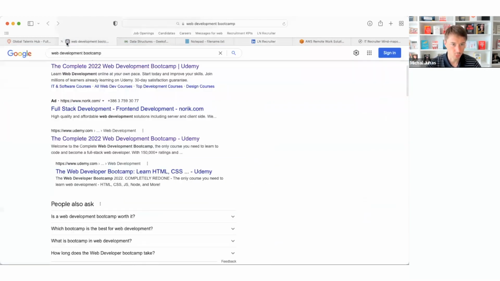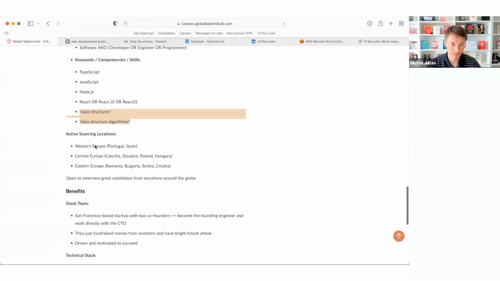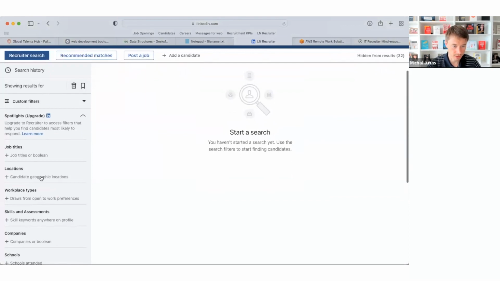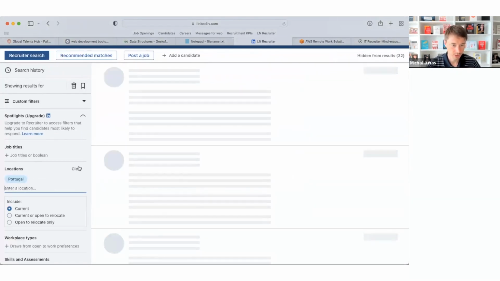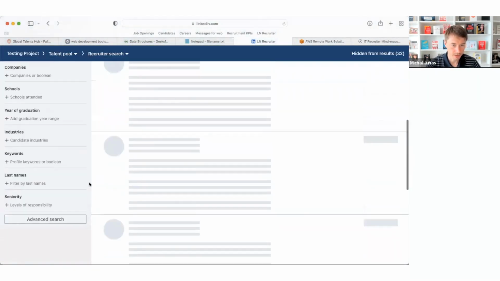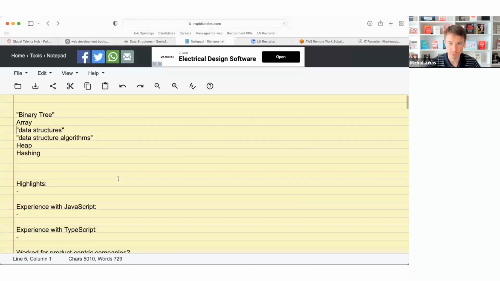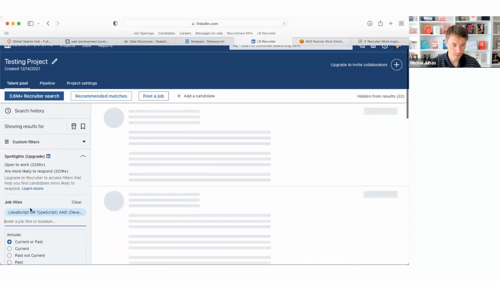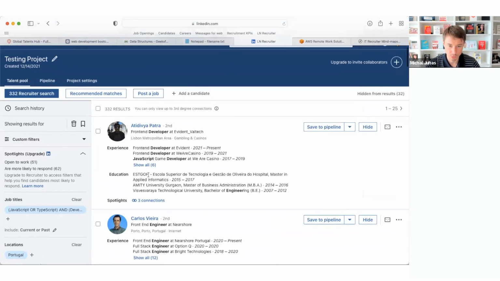So let's do it in one of these preferred locations. How about Portugal? Let's try Portugal, the first one on the list. And let's try the title, JavaScript developer, engineer. Front-end developer, awesome.